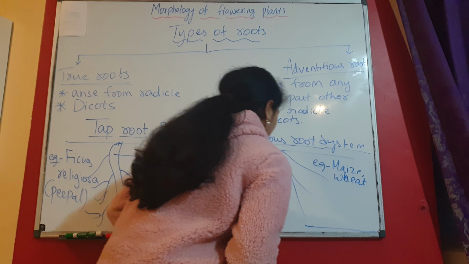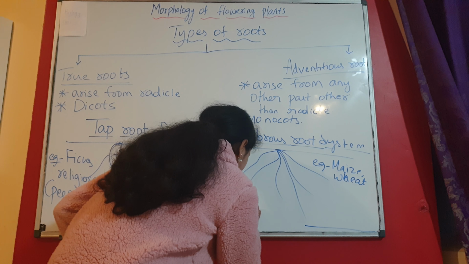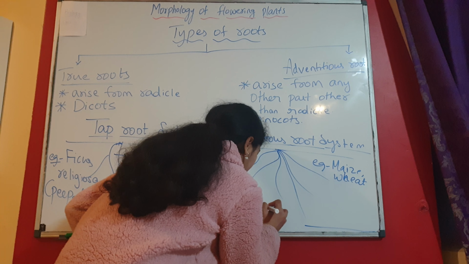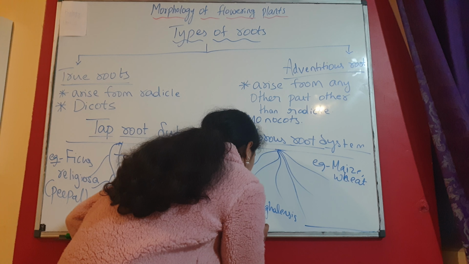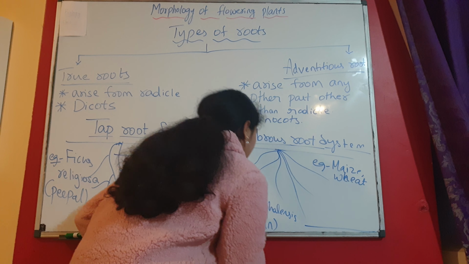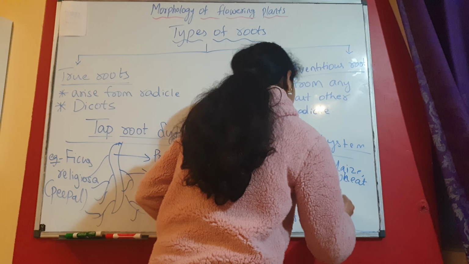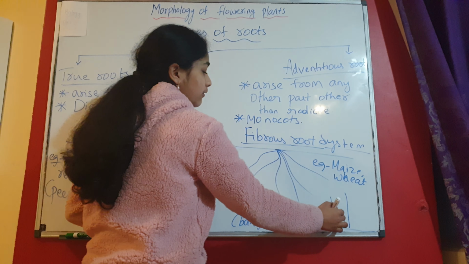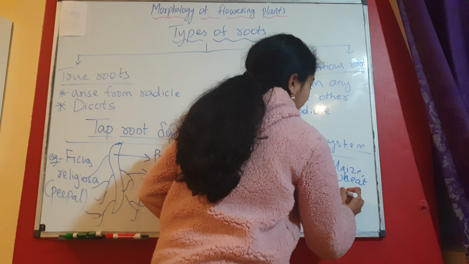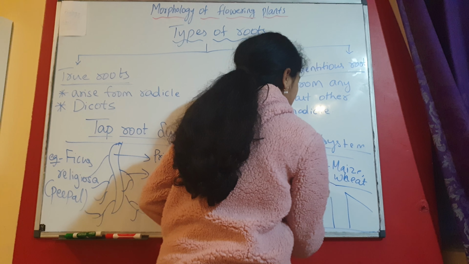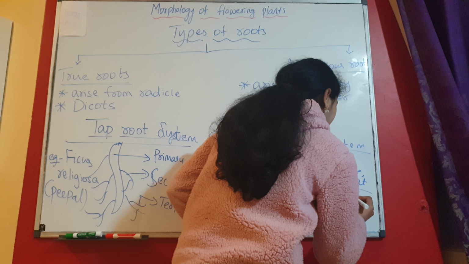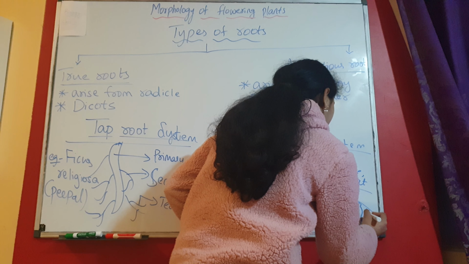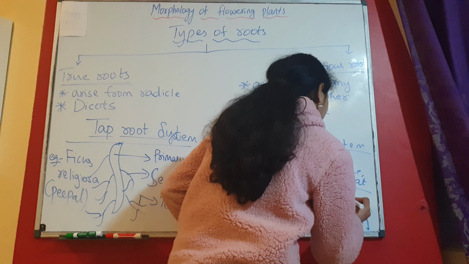The banyan tree, also called Ficus bengalensis, is another example. The stem of the tree is as thick as the branches. So it's very fat and thick, and the roots come from the branches like this.